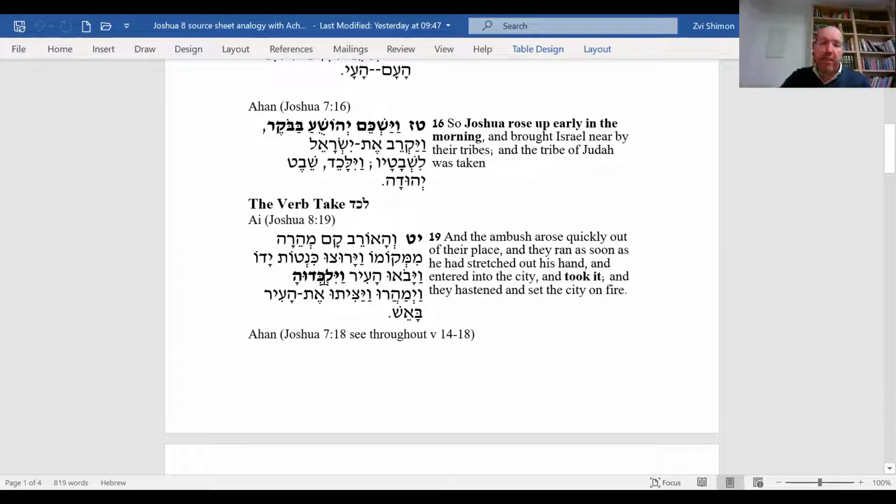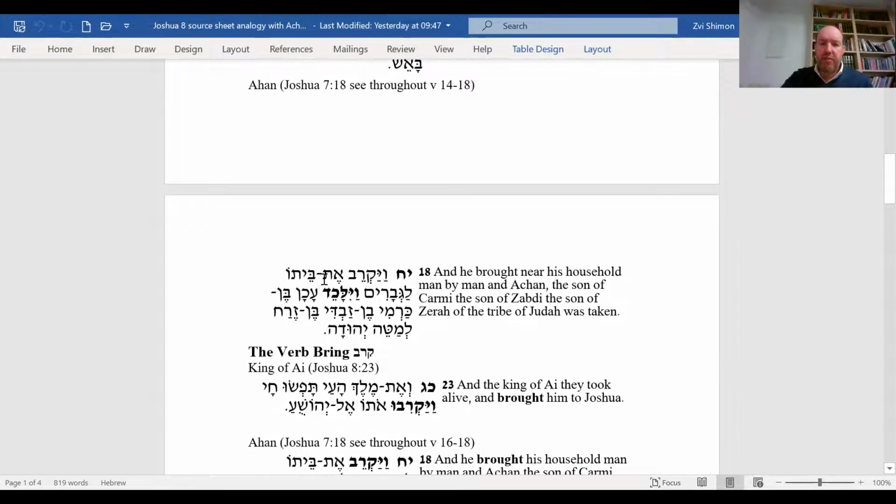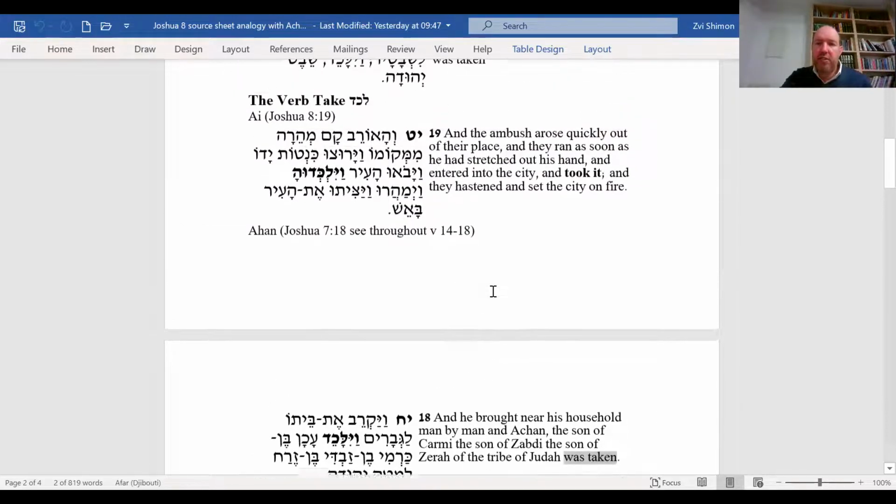Vayil kedua. With regard to chapter 7, previous chapter, it's interesting that when they do the lots, try to determine who sinned, the verb used in the lots is again the same verb, lakad, to capture. They brought near his household, and some of that was taken. That's the translation. The parallel, they took the city.